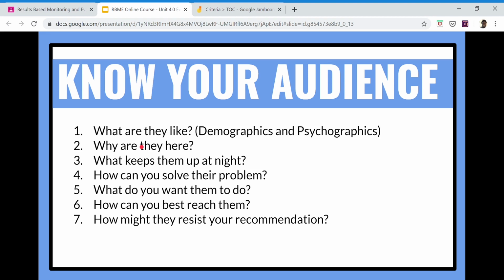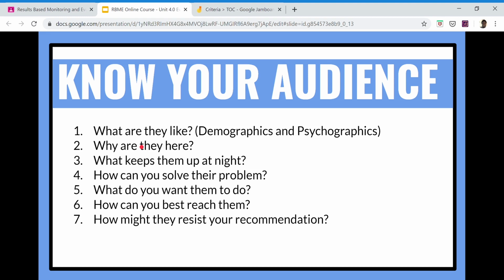The second thing is you need to know why they are part of the program and why they will want to listen to what you want to say in your report. Why did they come to hear you? This is like a situation analysis of who is in the room.